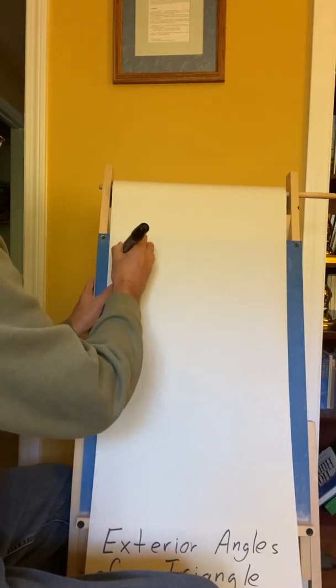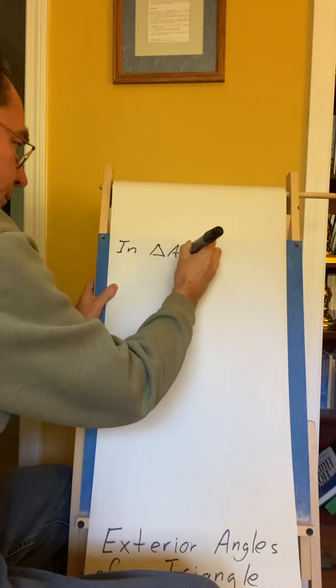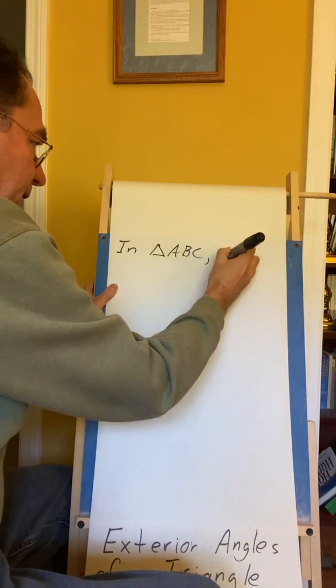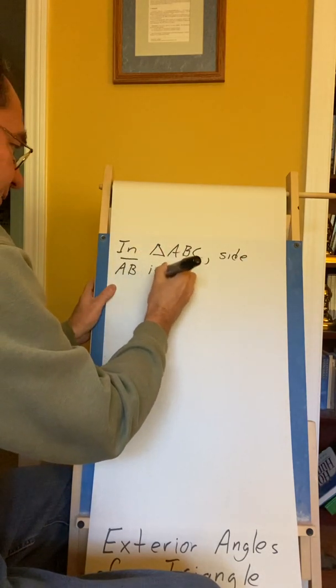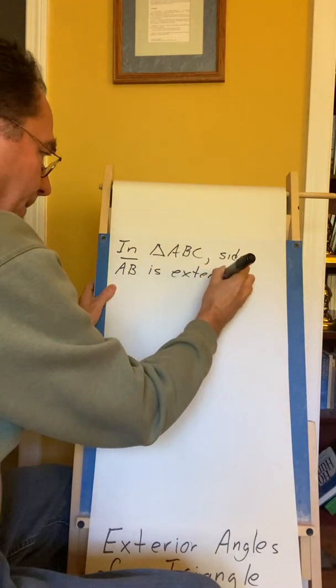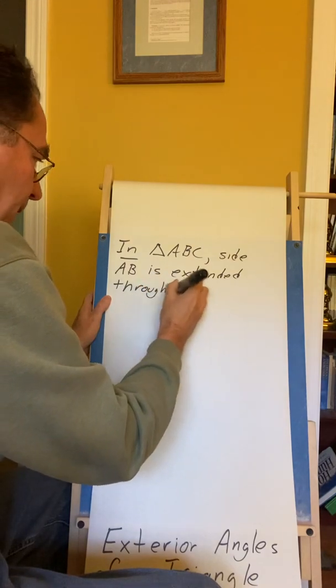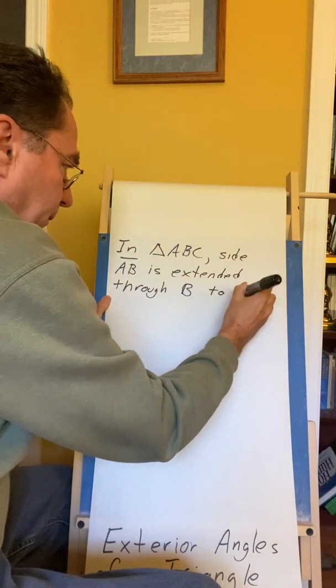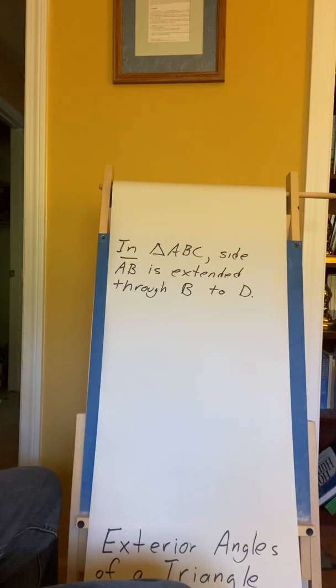So let's say we're given in triangle ABC, side AB is extended through B to D. In triangle ABC, side AB is extended through B to D. That's the wording that's used to create an exterior angle. We say one side is extended.